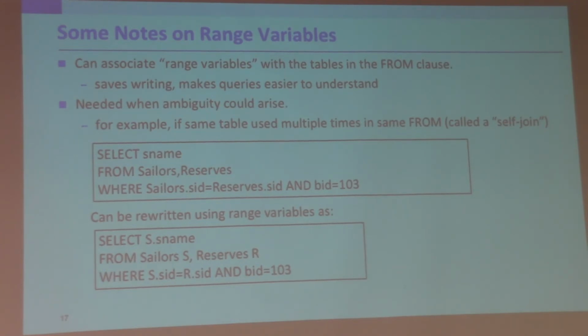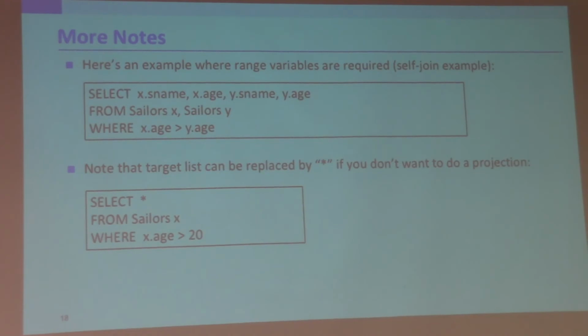So they usually write full names, but as a student you can write with the range variables. Range variables also make much more sense in a self join or when you are writing a nested SQL statement. We'll come to that a bit afterwards.